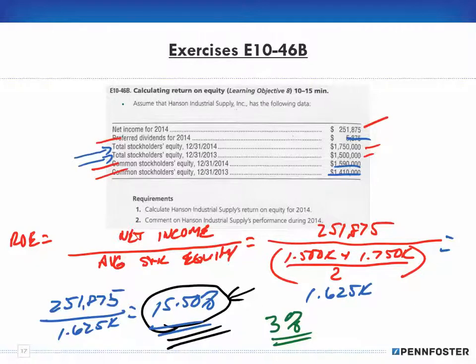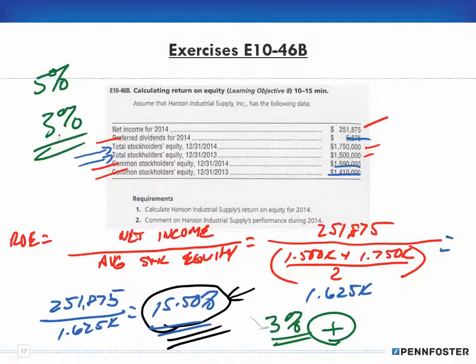Well, with 3%, yes, I'm getting a return, meaning I put my money in and I'm not just getting it back, I'm getting something more. But what if the previous period the return on equity was 5%? Then I'm not doing as well if I'm only getting 3% this time. If the previous accounting period was 1%, then yeah, now I'm doing a little better.